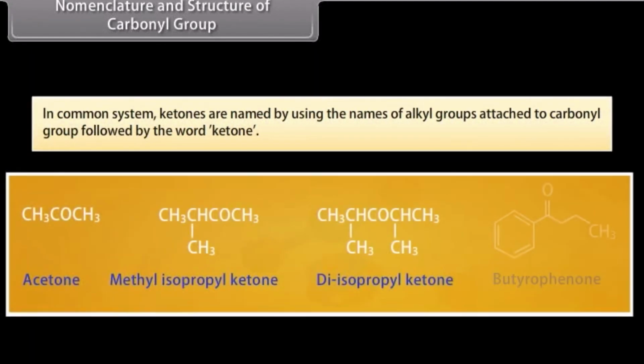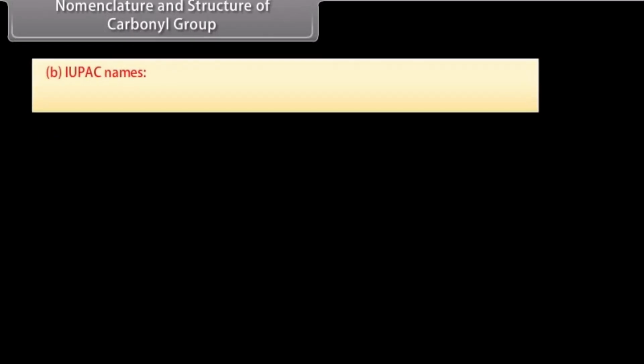In common system, ketones are named by using the names of alkyl groups attached to carbonyl group followed by the word ketone. IUPAC names.